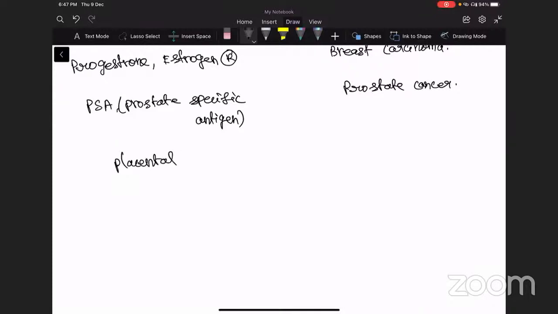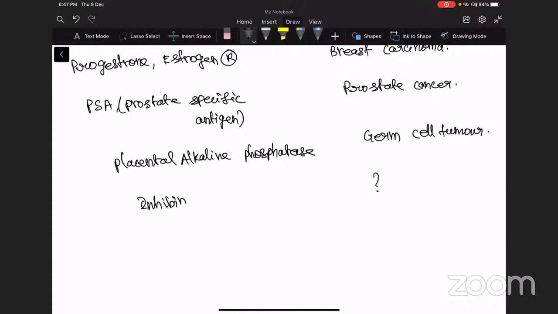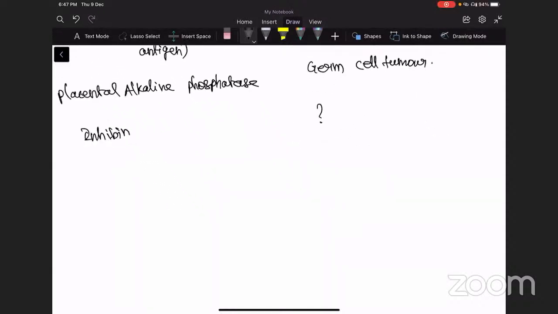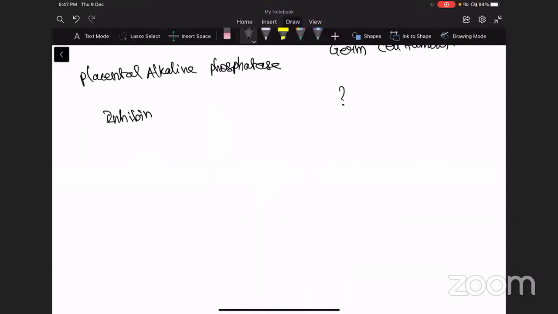Placental alkaline phosphatase is the marker for germ cell tumor. Inhibin is the marker for, yes, inhibin is the marker for... WT1, marker for Wilms tumor.